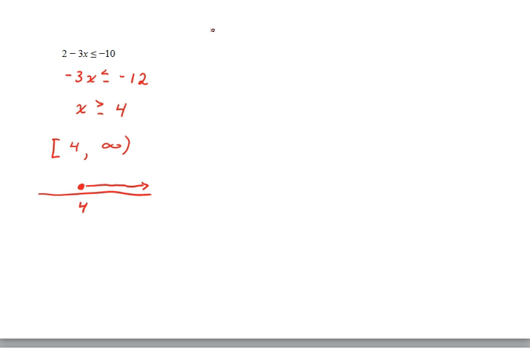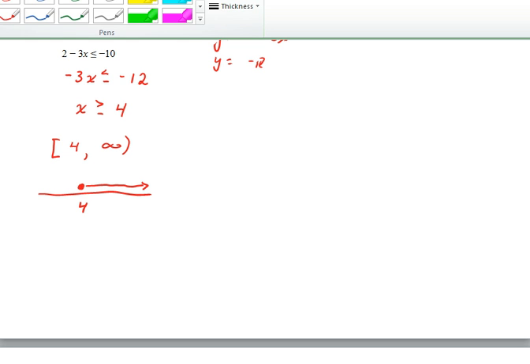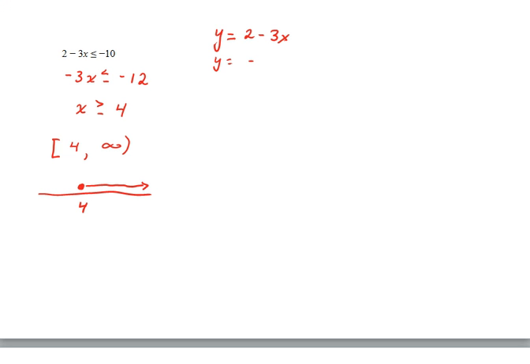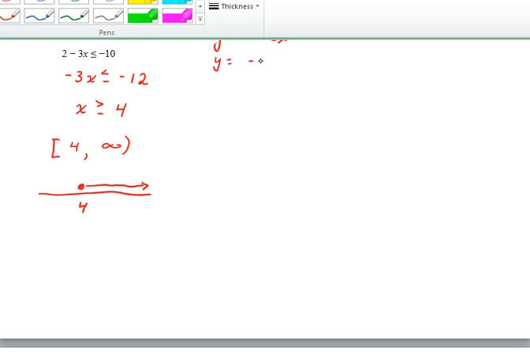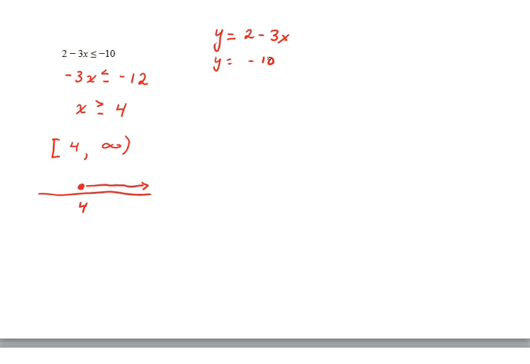Using the same idea that I did in the first example, I'd like to graph y equals 2 minus 3x and y equals negative 10 and see where the value 2 minus 3x is less than or equal to negative 10.